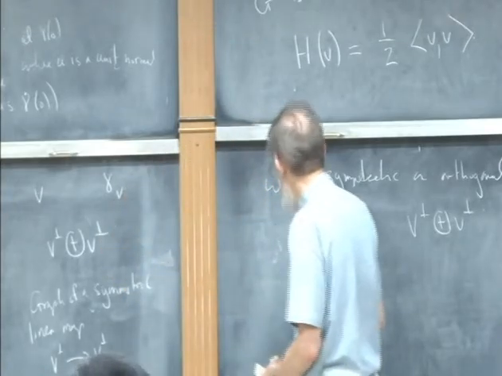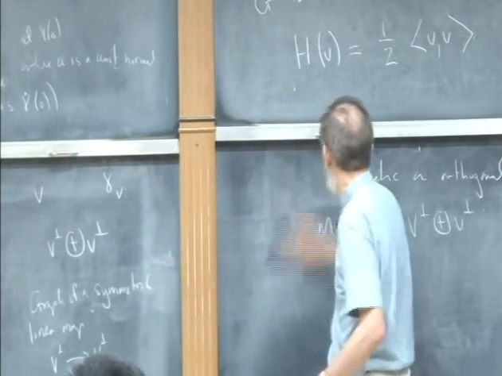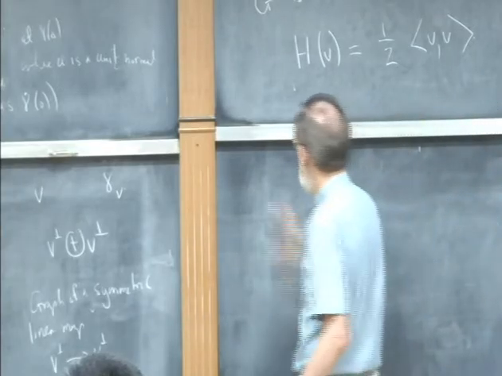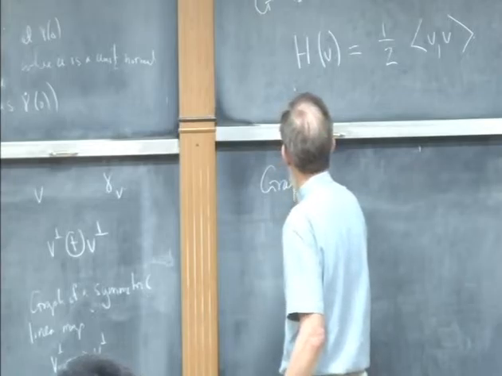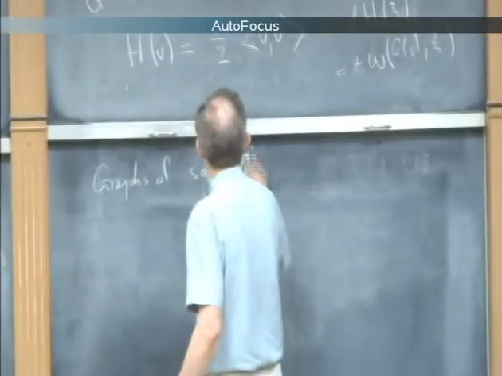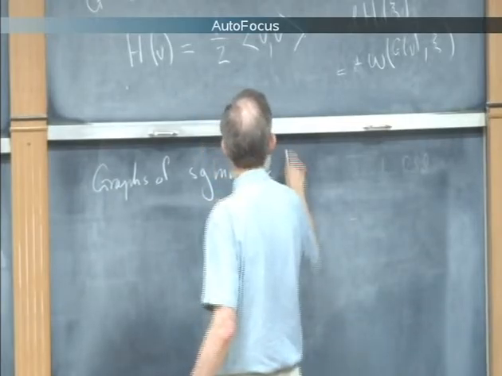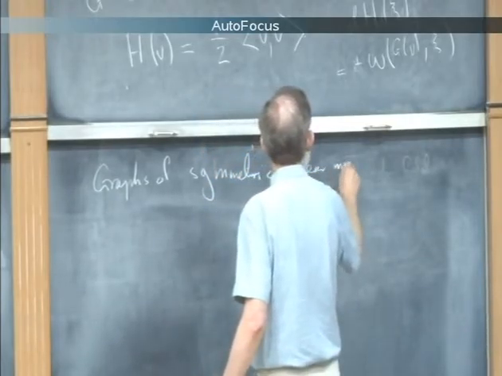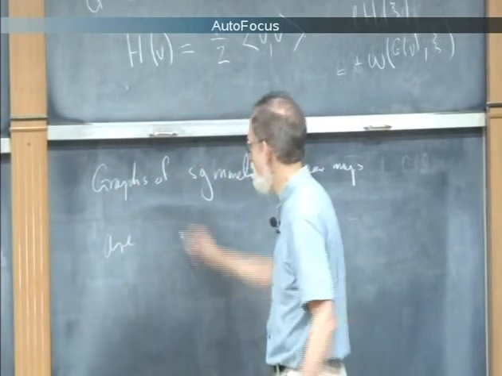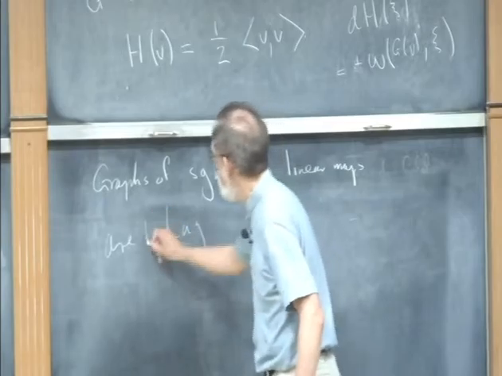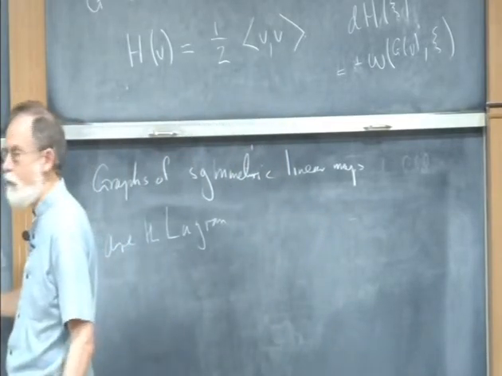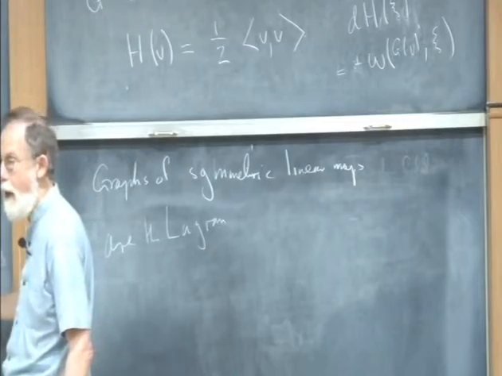What we have picked out are these Lagrangian subspaces. Exactly, the Lagrangian. Though I'm cheating slightly when I say the graph of a symmetric linear map.